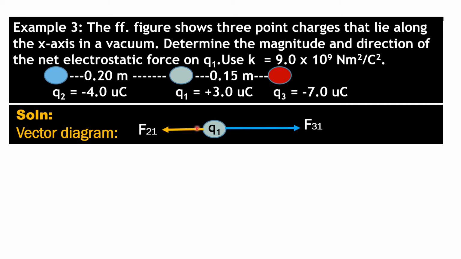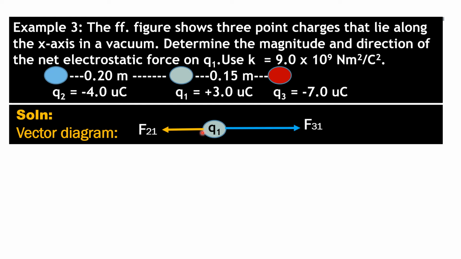Notice how we label our force: F sub 21, the 2 meaning where the force is coming from. So it's coming from Q2 and is exerted on Q1. The force exerted by charge Q2 on Q1.